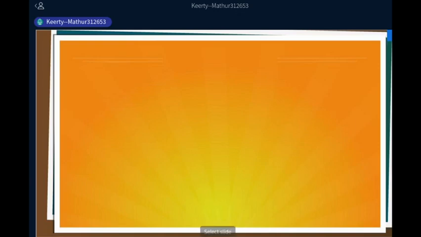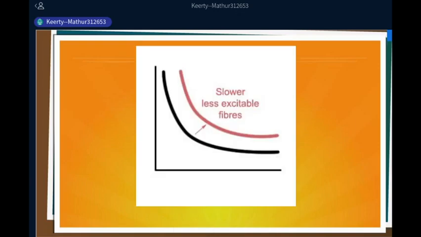So this was all about the SD curve. We'll rewind: what is the SD curve? S denotes the strength of the stimulus, D is the duration of the stimulus, and basically we are drawing this to know whether a muscle is innervated, partially innervated or denervated. This is a very simple, reliable method, but it has two disadvantages.